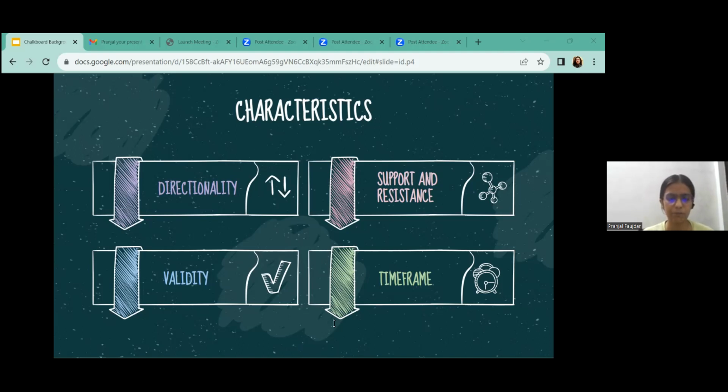Next is validity. A valid trend line connects at least two significant points. Next is the time frame. Trend lines can be drawn on various time frames, which allows traders to analyze trends at different scales.